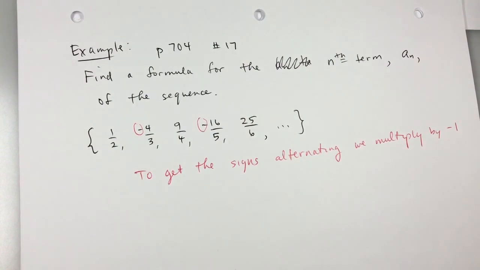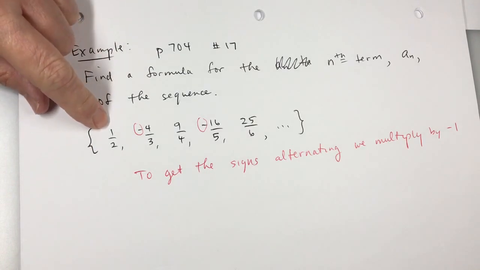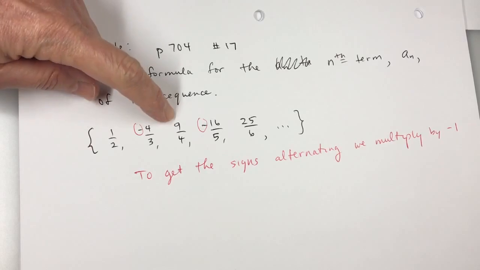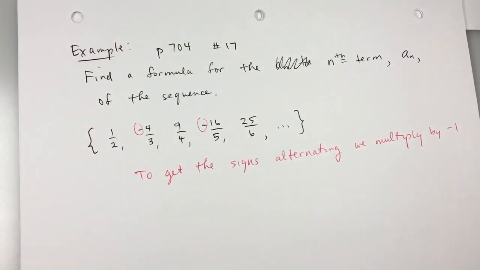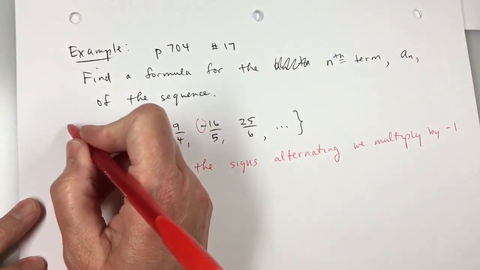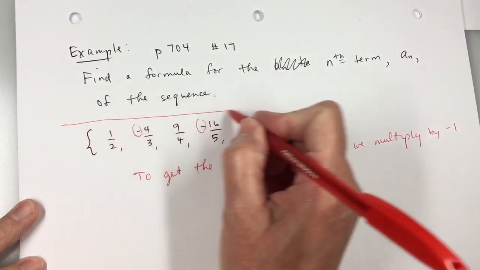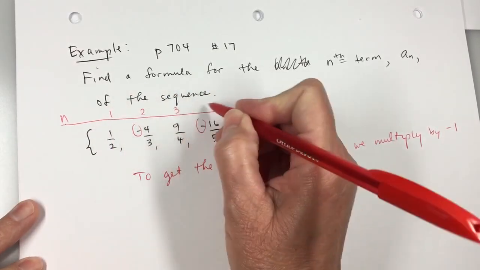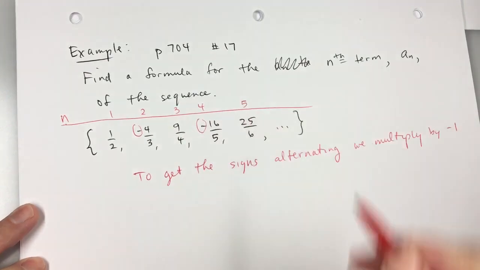Now you got to do a little thinking here. If the first term is positive and the next term is negative and the next one's positive, you got to decide if you're going to start at 0 or 1 or something else. I'm going to start at 1. So if I put this up here, n is 1, 2, 3, 4, 5.